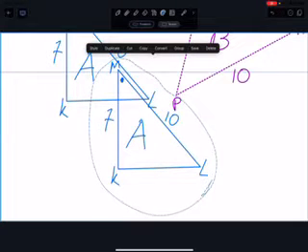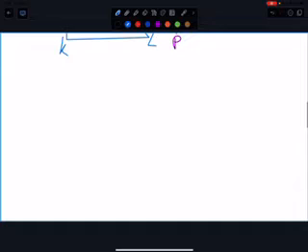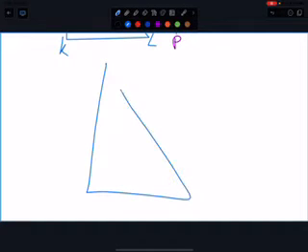The other step is they're going to place two triangles inside of each other, and for you to figure out the length of either one or both or some lengths. So let's get into that. Triangle.